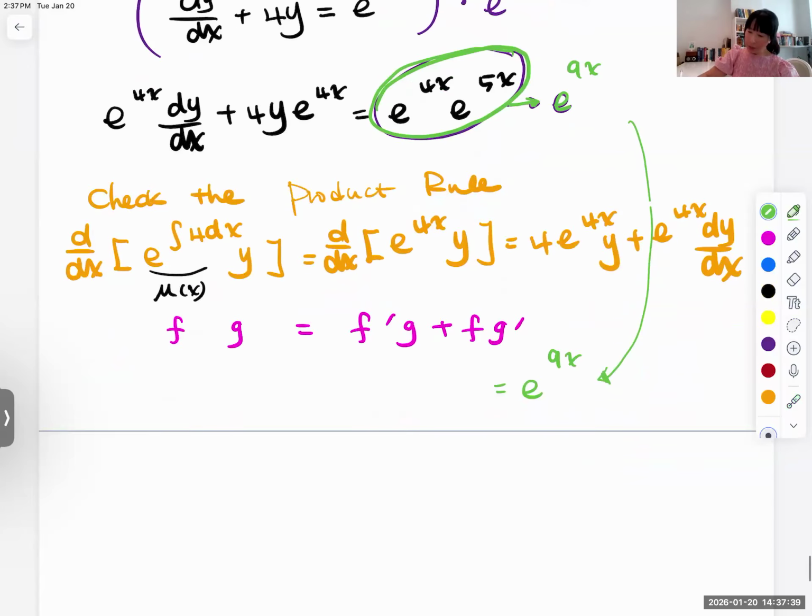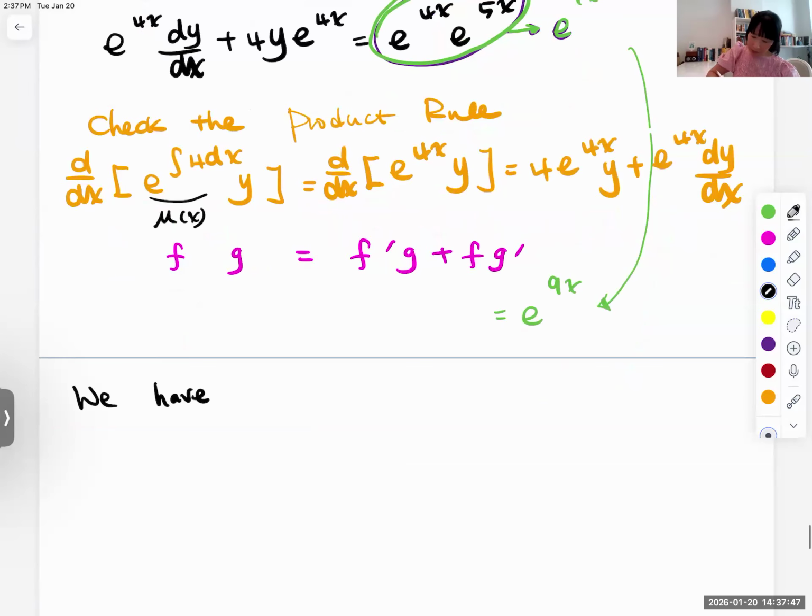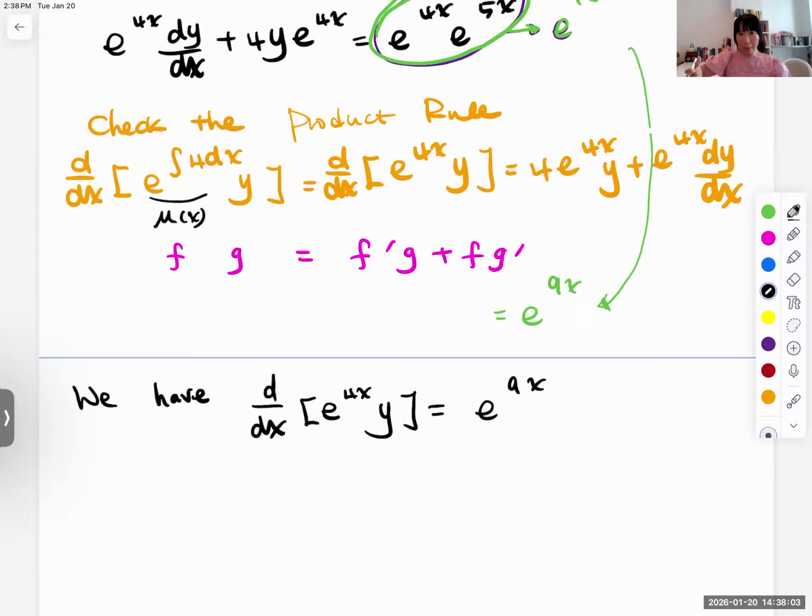Now, what are we doing? So we have the derivative of e to the 4x y equal to e to the 9x. We want to solve for y, right?